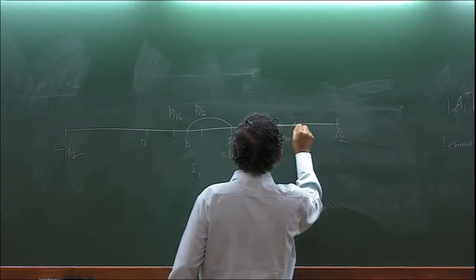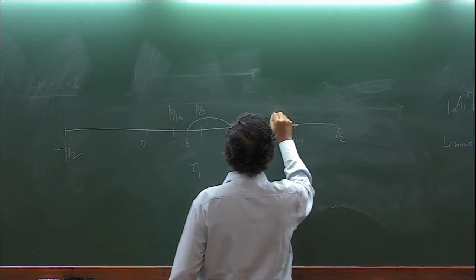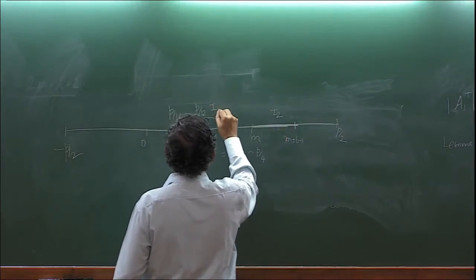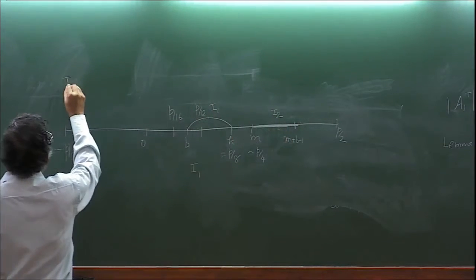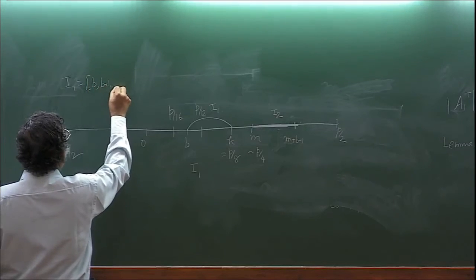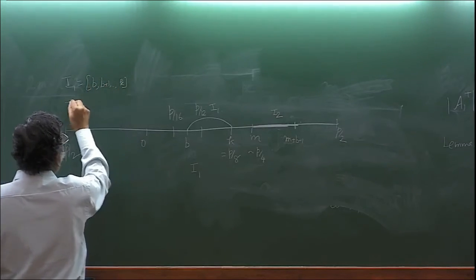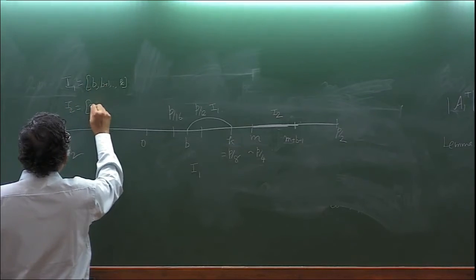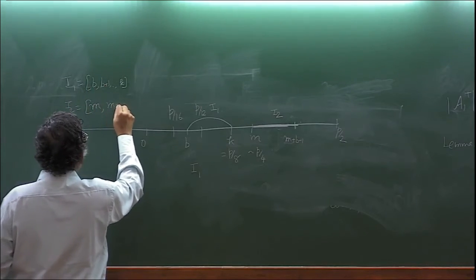And you take all elements here. This is I2. Therefore, let me just define I1 equal to B plus 1 up to K, and I2, which is M plus 1, etc., up to M plus B minus 1.